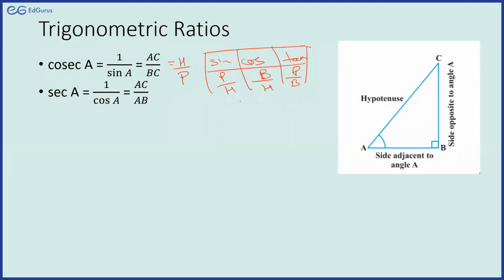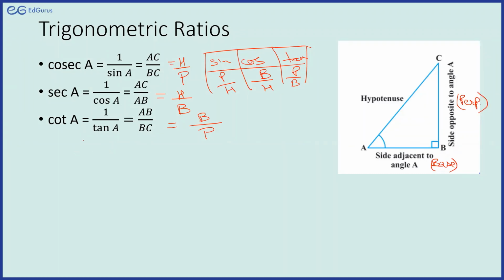Similarly, secant of A, which is 1 upon cos A, is hypotenuse upon base. And cot of A, which is 1 by tan A, is base upon perpendicular. Right? So far, yes, ma'am. Good. This is your base now, and this was perpendicular.